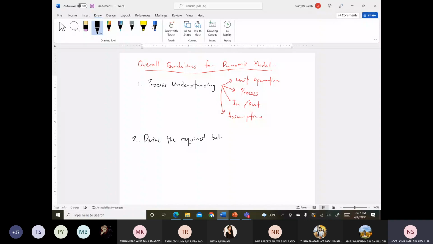The required balance may consist of the overall, component, or energy balance. How to know which balance is required to be derived is based on the assumption and the process understanding.